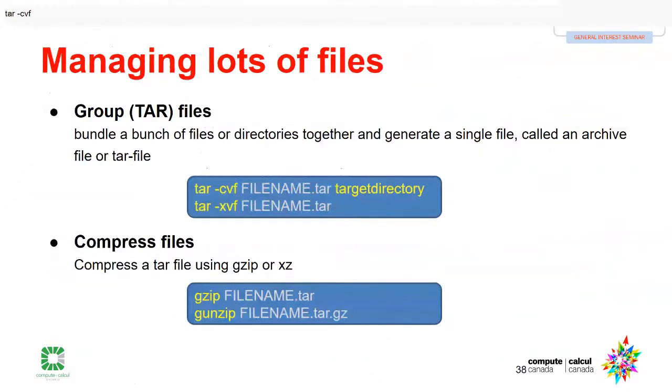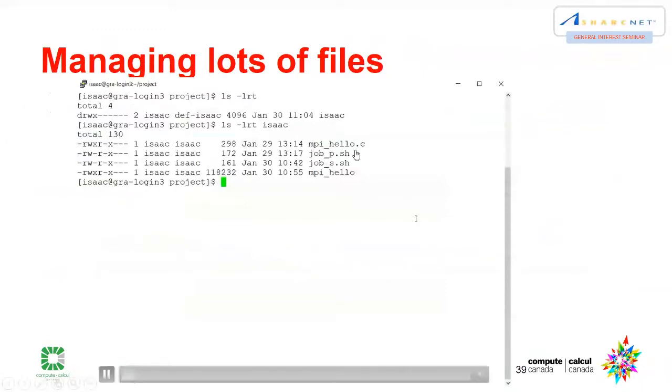The tar command bundles a bunch of files and directories together and generates a single file. We call that an archive file or tar file. Later on, you can compress it. I'm going to show you a demonstration. You can definitely see a dramatic change in the size of the volume. Here's a simple demonstration. Let's say here's a directory named Isaac with 4 files, MPI hello binary files.